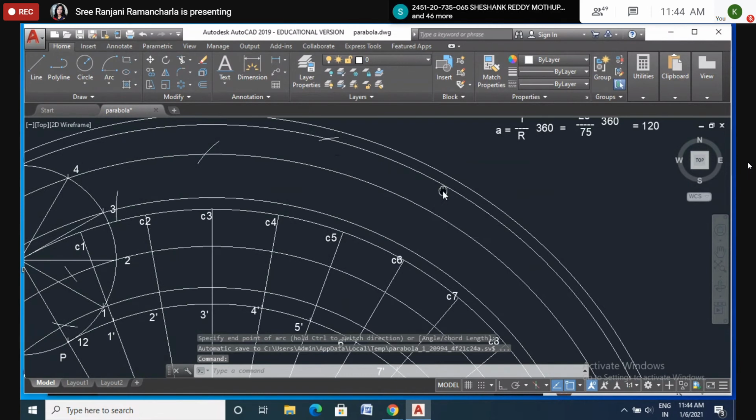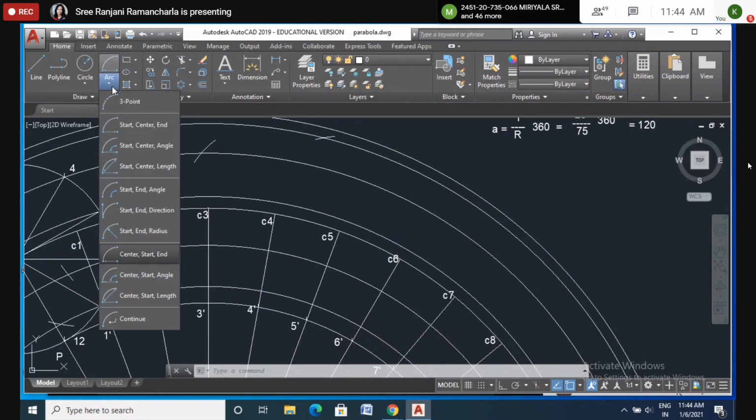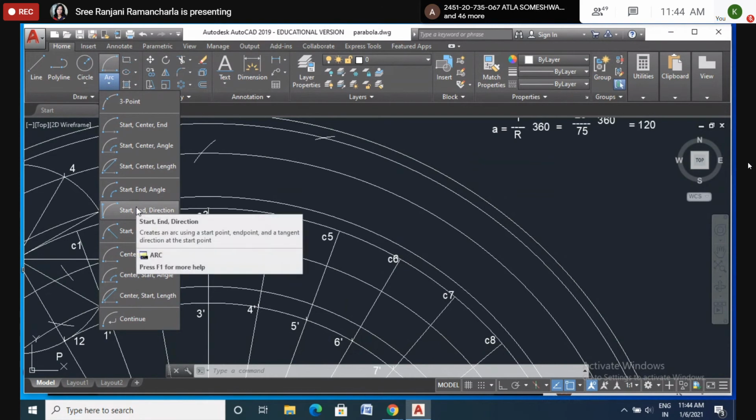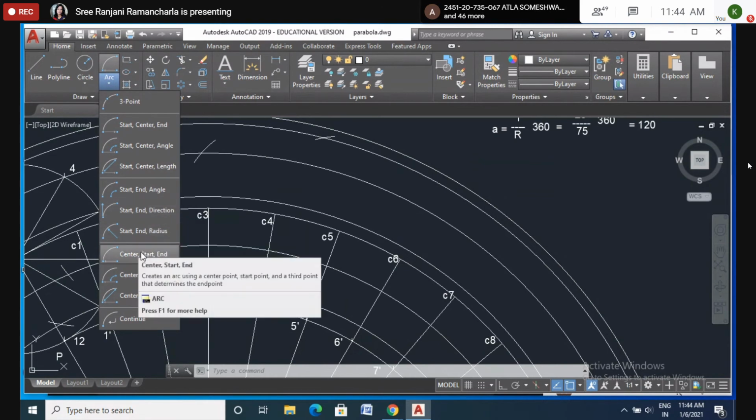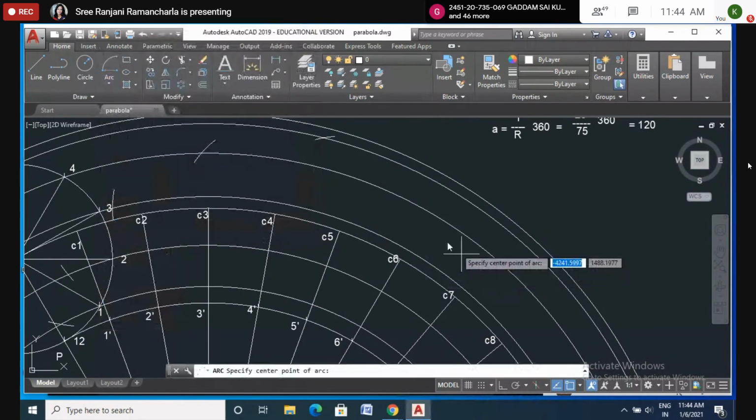When you extend this one, exactly the curve should be here. Okay, the curve should be here. Automatically for me, I will get the curve like that because I'm doing it in AutoCAD. For you also, you have to do exact drawings, maintaining all correct values and showing with scale and protractor. C6 as a center.